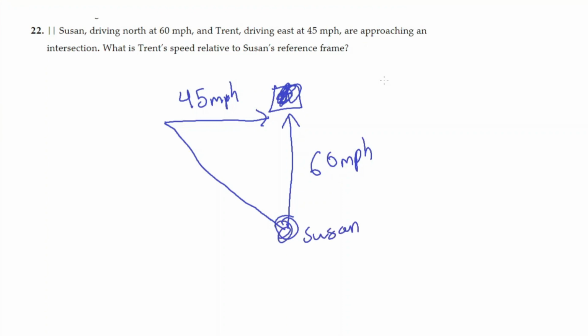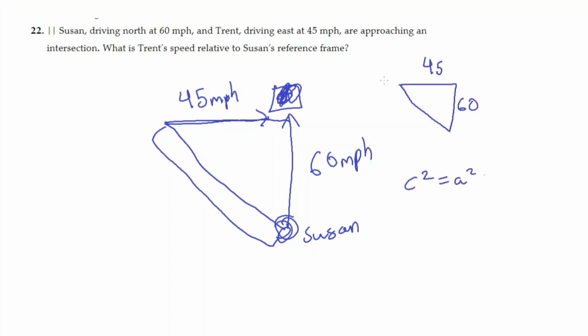Suzanne is going to be right here. So it's this length right here that's going to tell us Trent's speed relative to Suzanne's frame. If you could see, this looks like a triangle, or it is a triangle. So essentially, we could just find the hypotenuse of this. So c squared is equal to a squared plus b squared. So c squared is equal to 60 squared plus 45 squared.